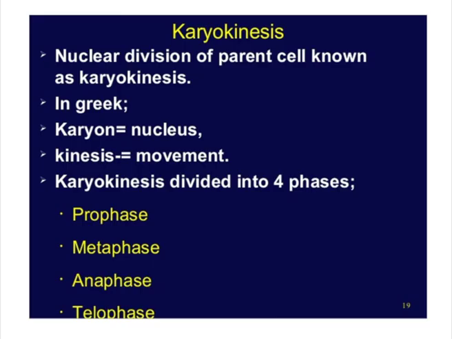This is a Greek word: karyon meaning nucleus, kinesis meaning movement. Karyokinesis is again divided into 4 phases: prophase, metaphase, anaphase and telophase. These 4 phases are observed in karyokinesis.